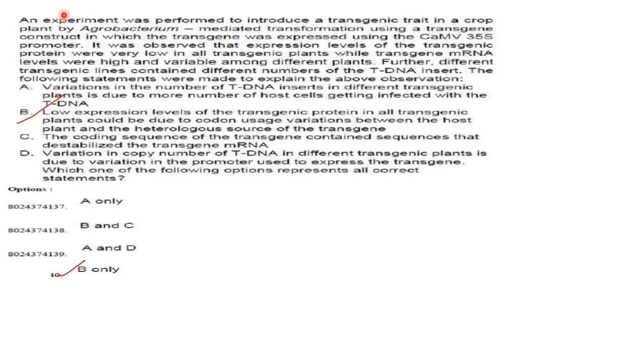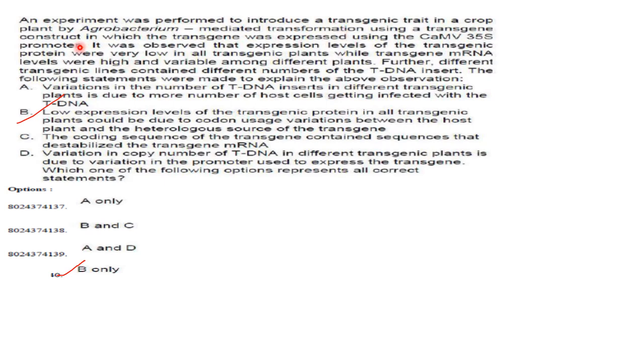Now, what they have done was they have introduced a transgenic trait, but they have not mentioned the source from where the transgenic trait was taken. And it was introduced into crop plant by agrobacterium mediated transformation. The transgene construct was placed under the CAMV35S promoter. So it is a constitutive promoter and a strong promoter.